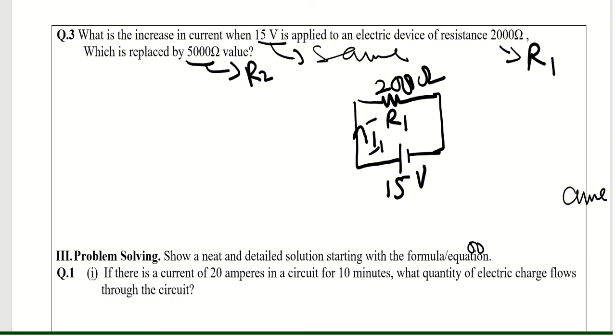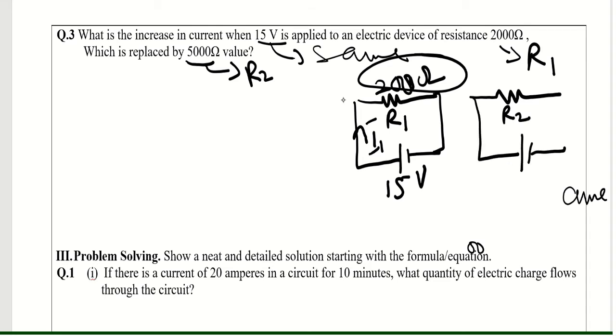Now they say this resistor is replaced by another, higher-value resistor, 5000 ohm. So this is for another one, say R2, but the same battery is there. This is the same battery and this is 5000 ohm, and here you find the current, say I2.